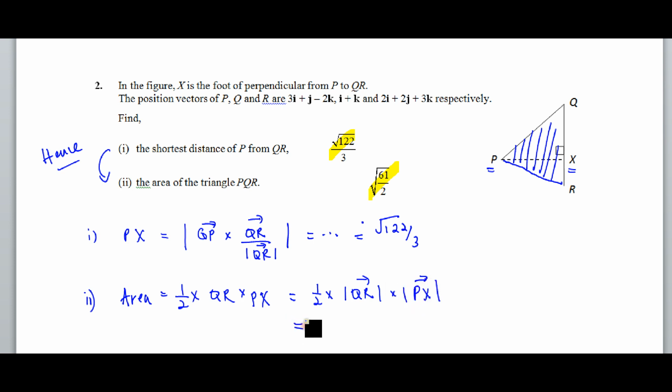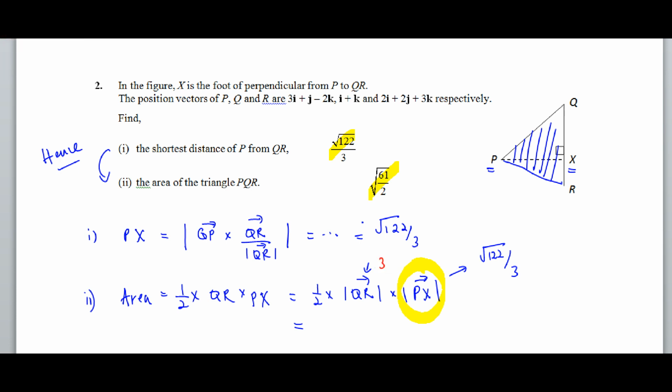Now, easily found, am I right? This one is already found. This one is already found. This is just root 122 over 3. This one can be easily found, QR, which happens to be 3.